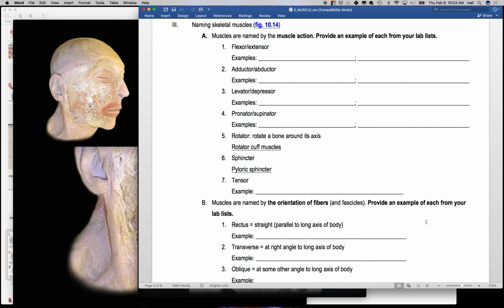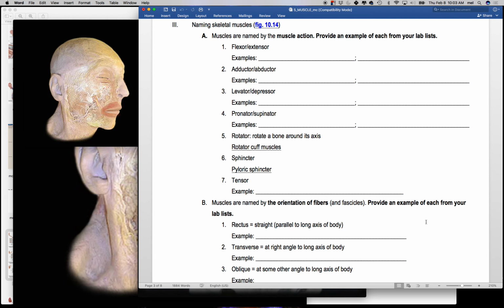Here's what people usually do. The first round, they try to memorize all of the names of the muscles. Then they try to go back and add the actions and attachments. There's a better way to do it: try to get all of the relationships for a muscle at one point. You learn the muscle deeply and then you move on to the next muscle. So that's what I'm going to try to help you with today.